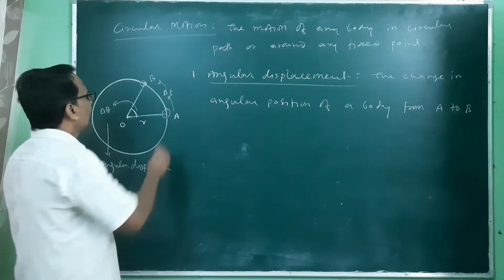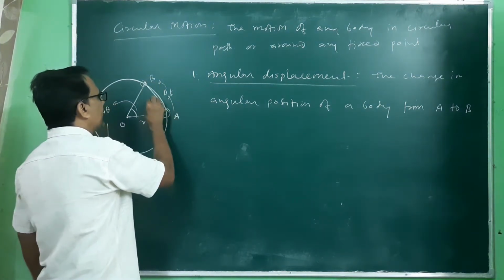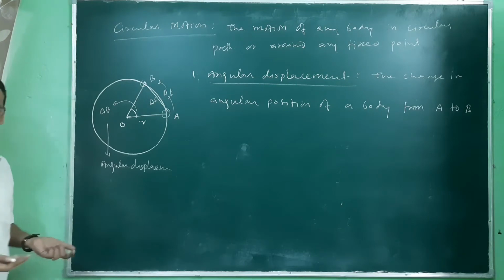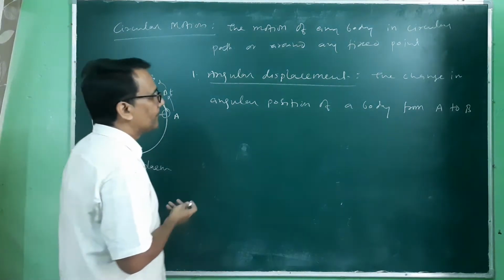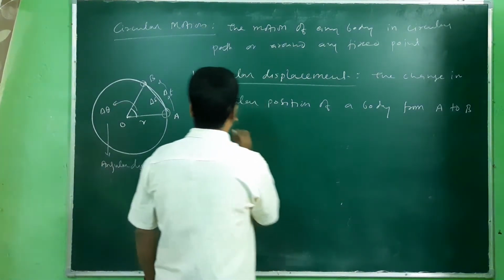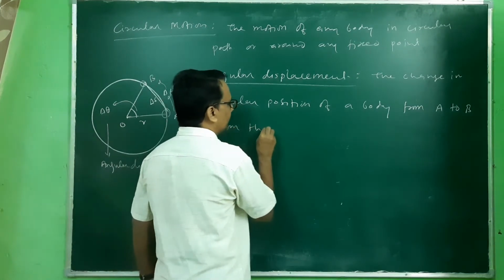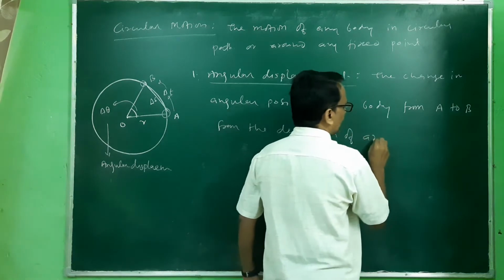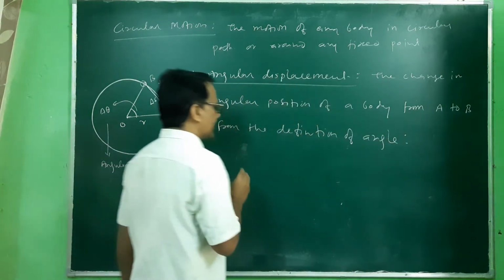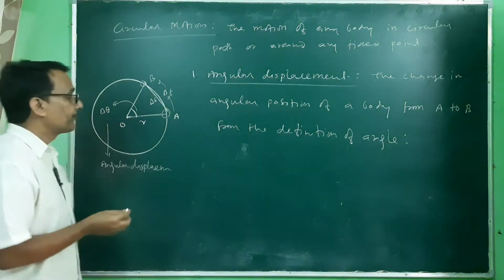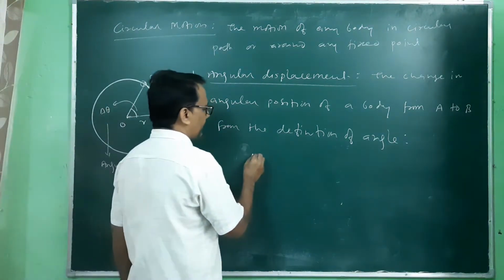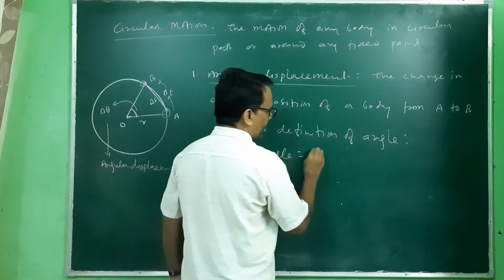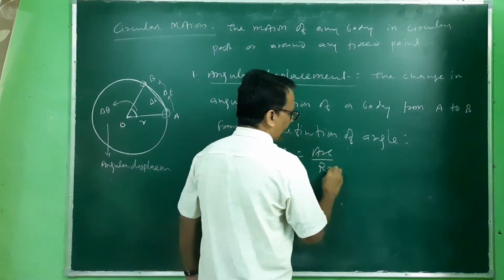If the linear displacement is, let's say, delta s, then from the definition of angle, the angle is arc upon radius.